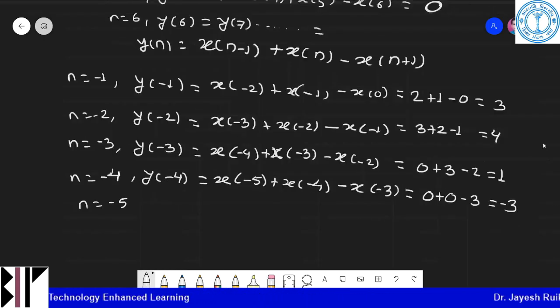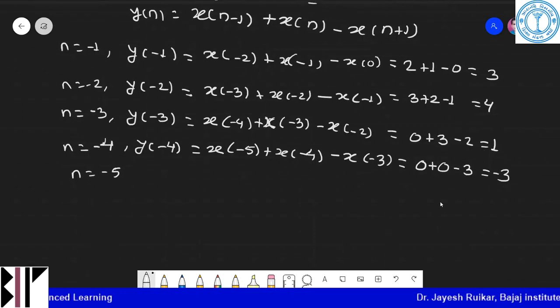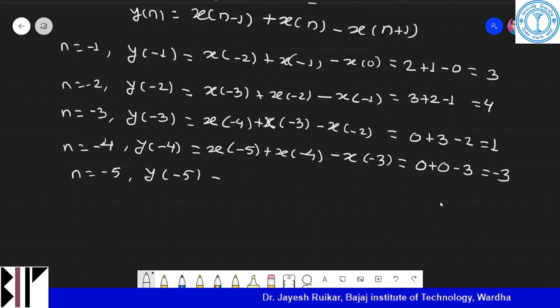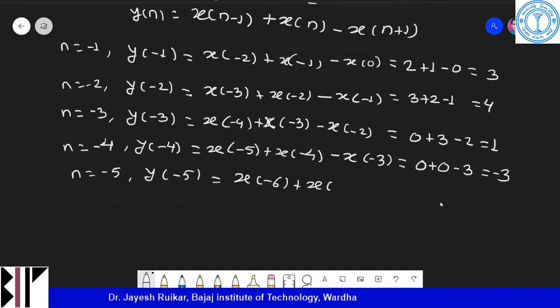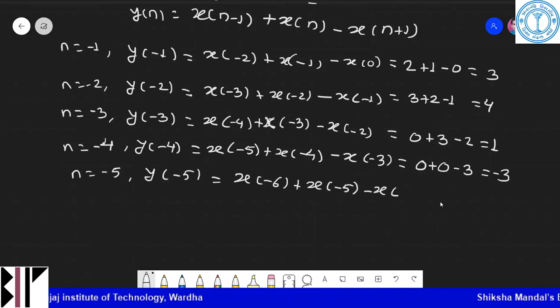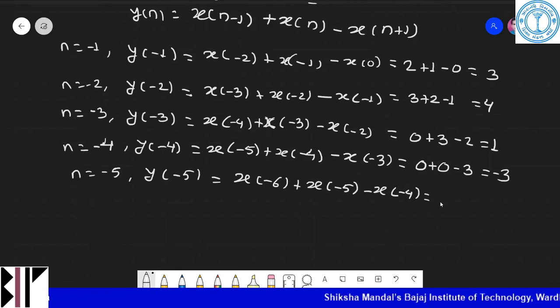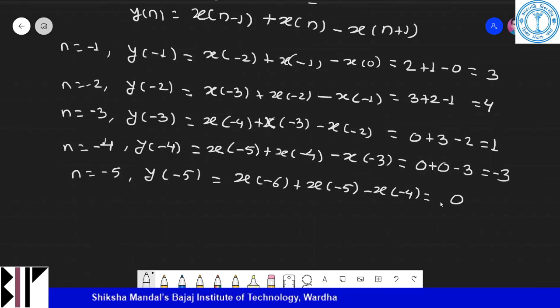Let us go up. So we will calculate y of minus 5, which is x of minus 6 plus x of minus 5 minus x of minus 4. Its value is equal to 0 because we do not have a sample at minus 6, minus 5 and minus 4. So all the sample values are 0.